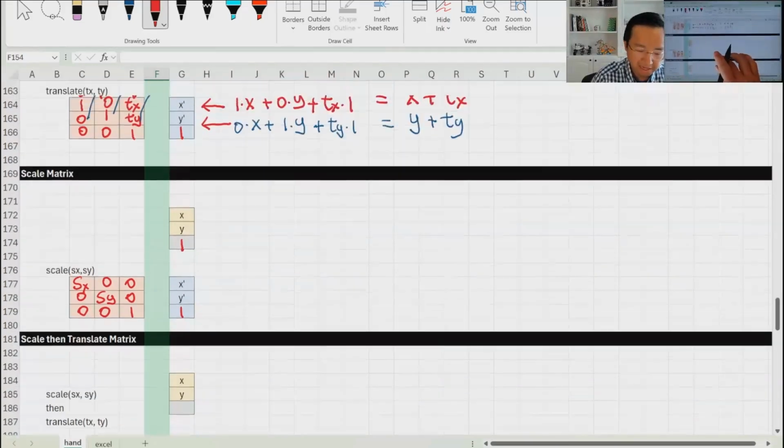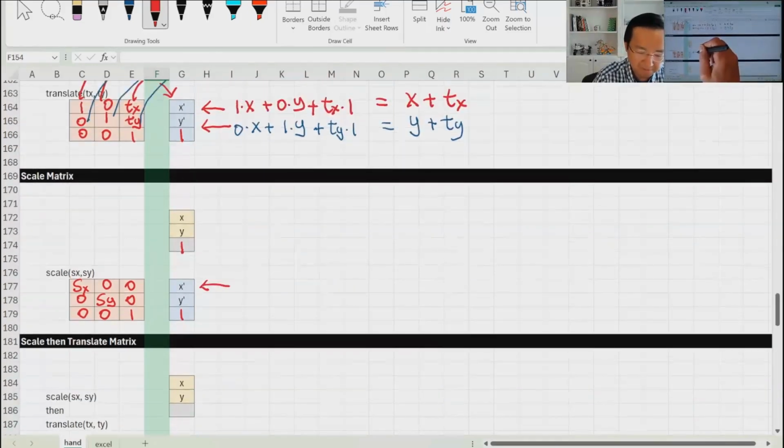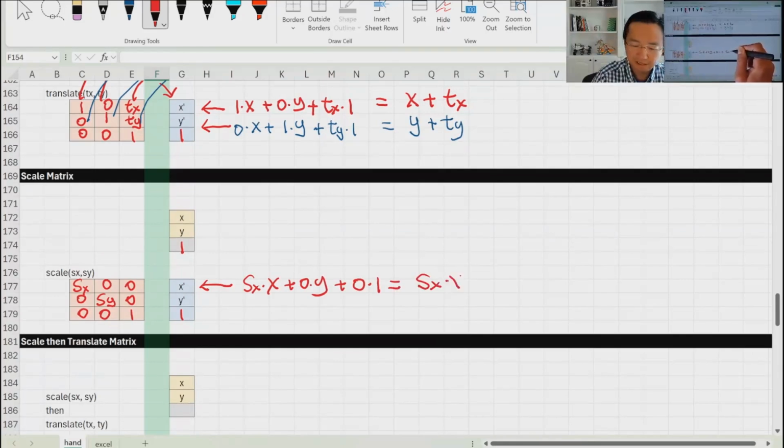To show that we can do that, we're going to do it one more time. I'm not going to draw the line, but just eyeball: Sx and x match, and 0 and y, right? Plus 0 times 1, and as a result it is Sx times x, all right?